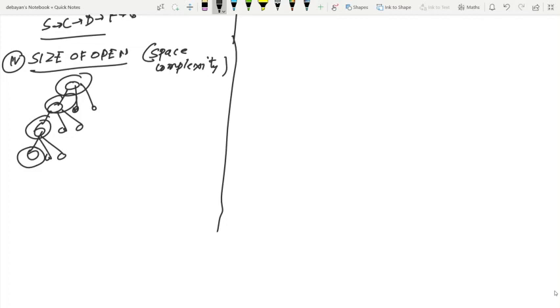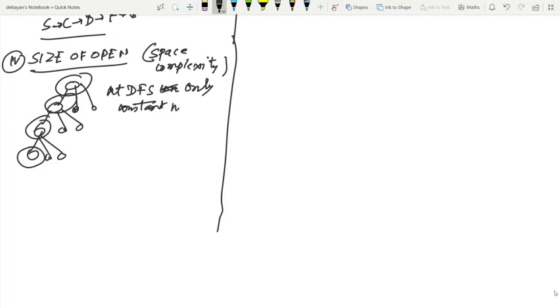But in DFS, at each level only a constant number of nodes are added, because it is going depthwise.